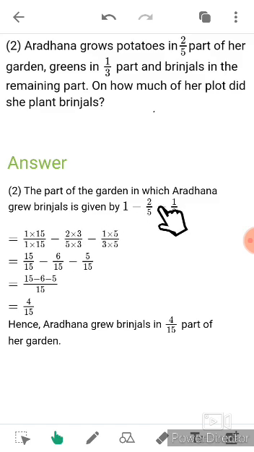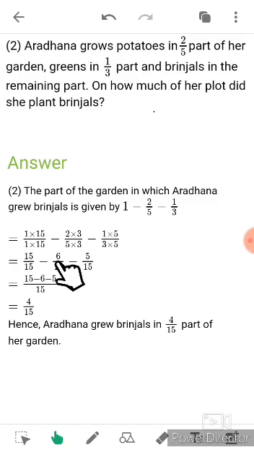Here we multiply this term by the denominator of the second term. Remember the rule. Okay, so you can understand easily. Then this term by denominator, that is 5. So 2 multiplied by 3 is equal to 6, 5 multiplied by 3 is equal to 15. Then minus 1 5s are 5, 3 5s are 15.